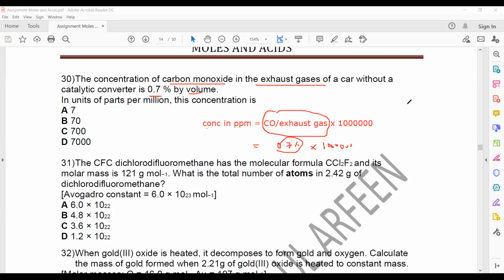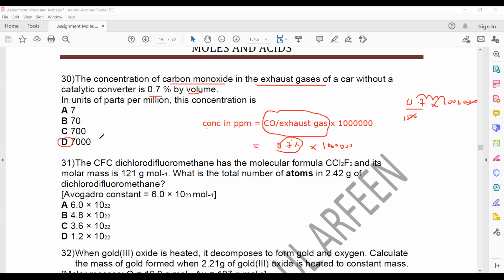So it will be 0.7 divided by 100, multiplied by 1 million. These two zeros will cancel, and we are left with 4 zeros. So when we multiply, it will become 7,000.